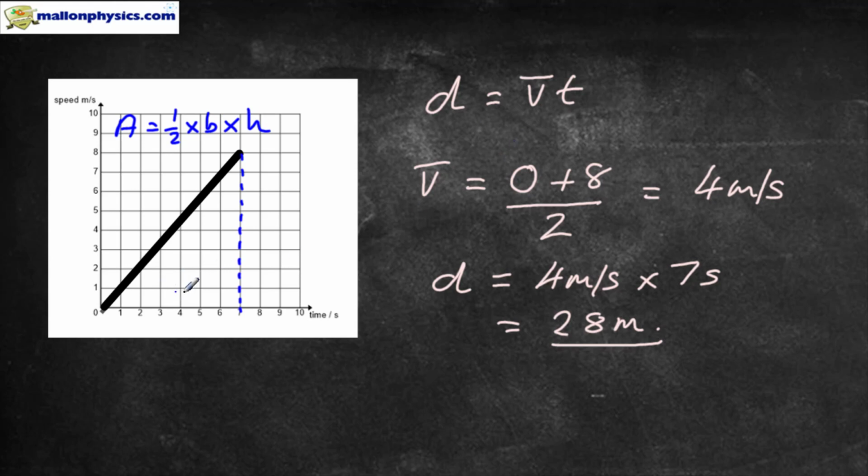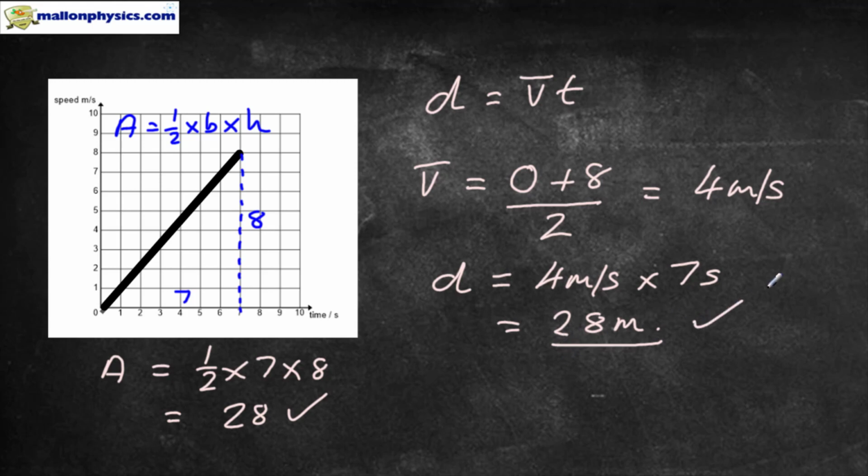So the base is 7 and the height is 8. So therefore the area works out to be 1/2 multiplied by the base 7 multiplied by the height 8, and it does come out to give us 28. So the area of that triangle, the area under the graph, is exactly equal to the distance gone.